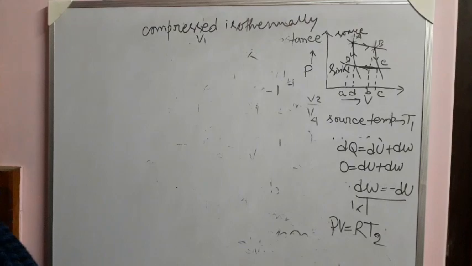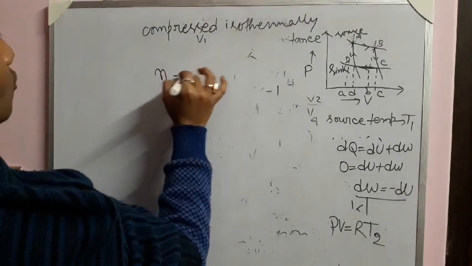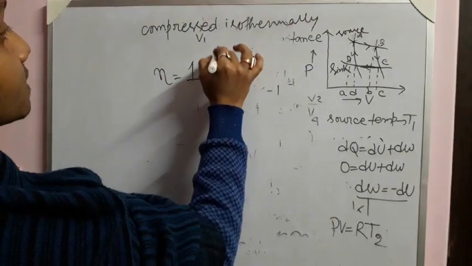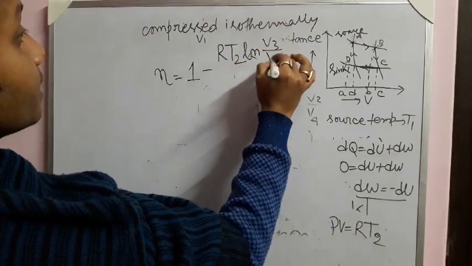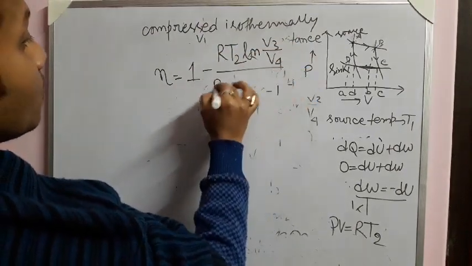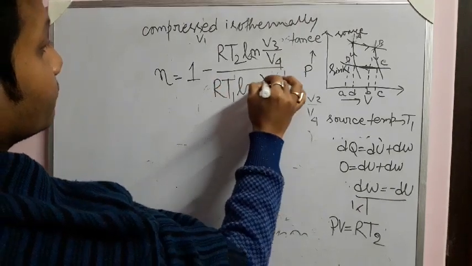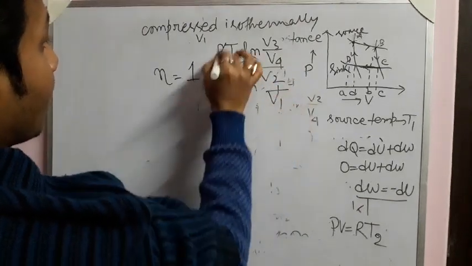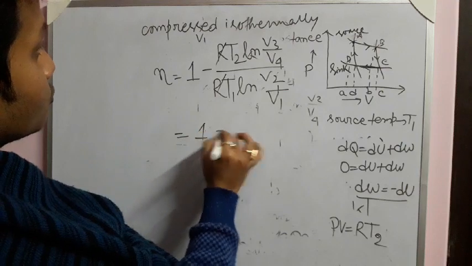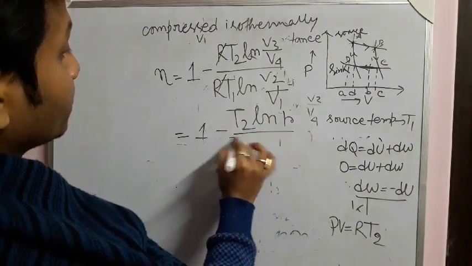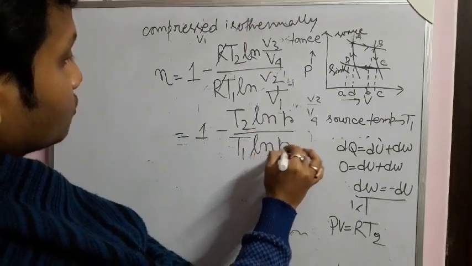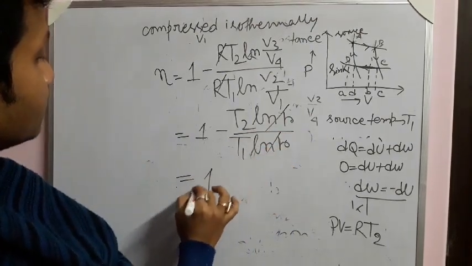Okay, so eta is equal to 1 minus Q2 by Q1, and what is Q2? RT2 ln V3 by V4, and what is Q1? RT1 ln V2 upon V1. R cancels, and V3 by V4 equals V2 by V1, so this also cancels, and this is the result.